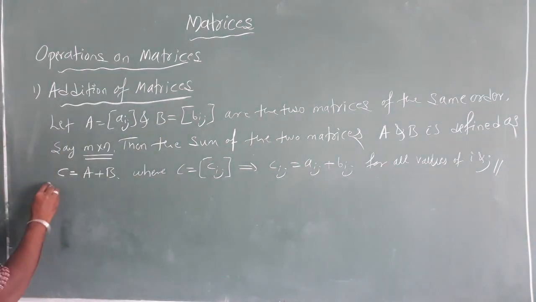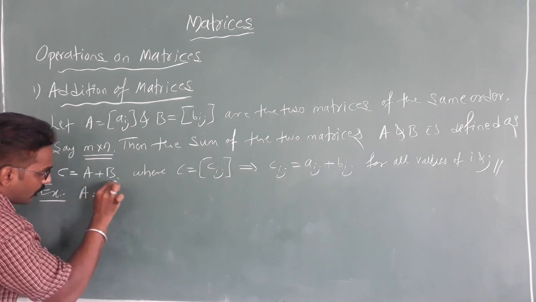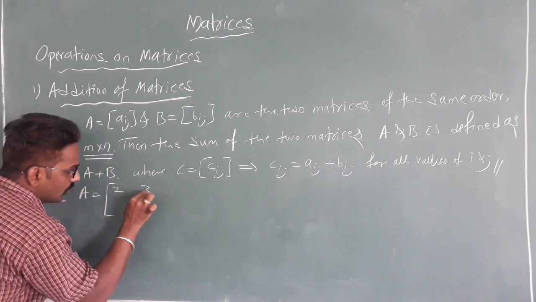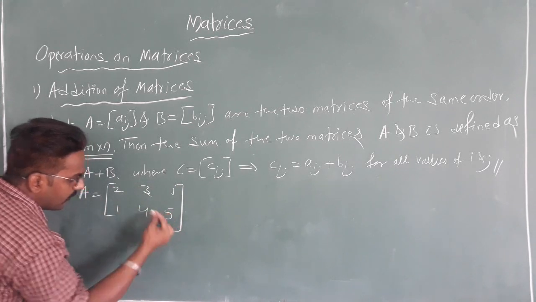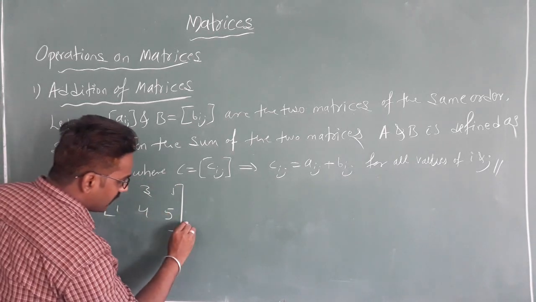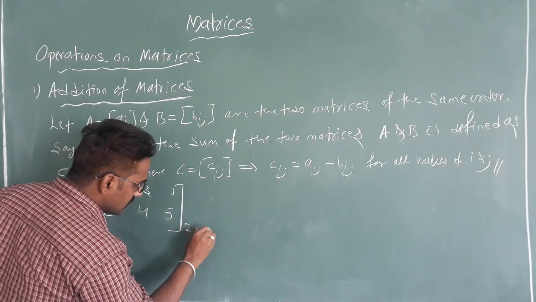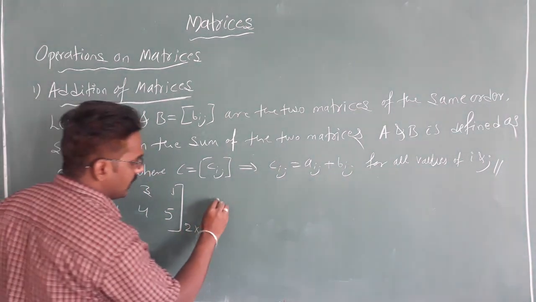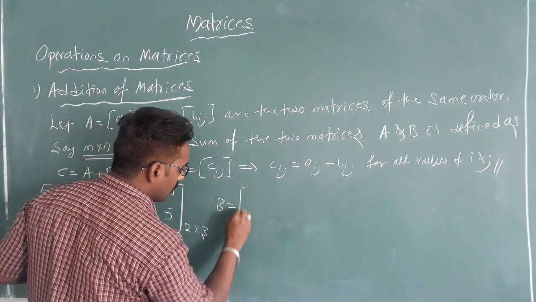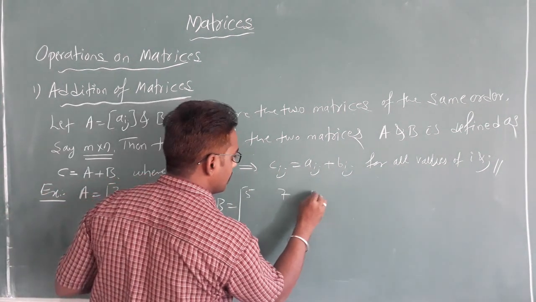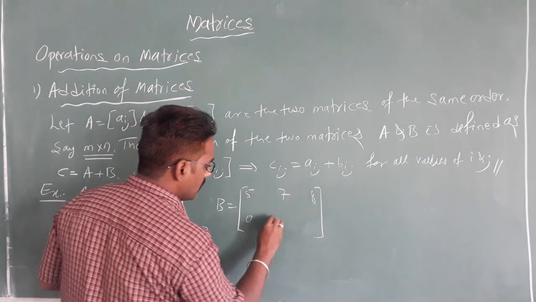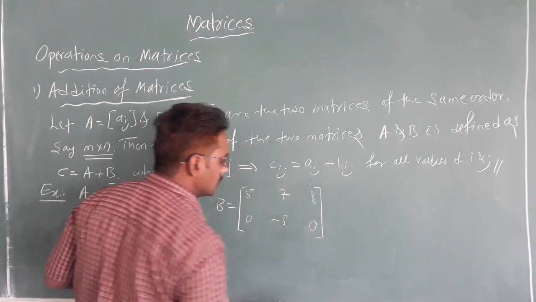See the example. A equals 2, 3, 1, 1, 4, 5. What is the order of this one? 2 cross 3. Then B equals 5, 7, 8, 0, minus 5, 0.